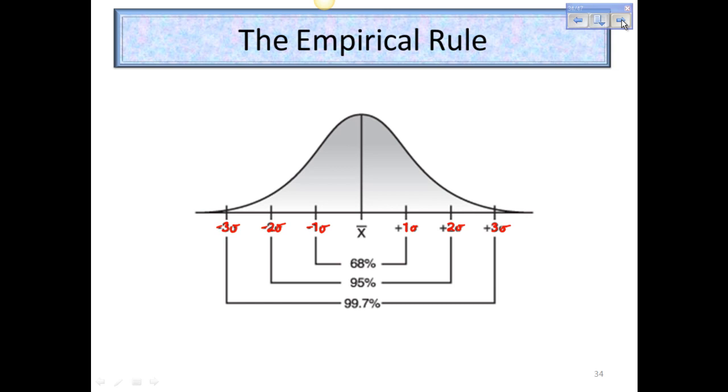Now within one standard deviation, we have 68% of the data values. Within two standard deviations, so that's everything shaded in blue, we have 95% of the data values.